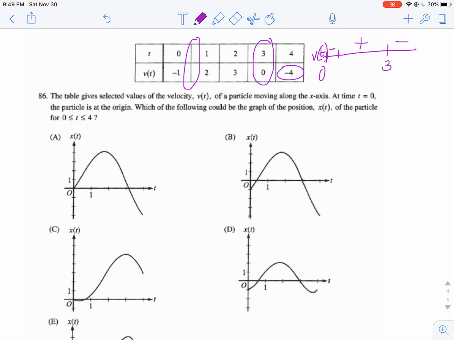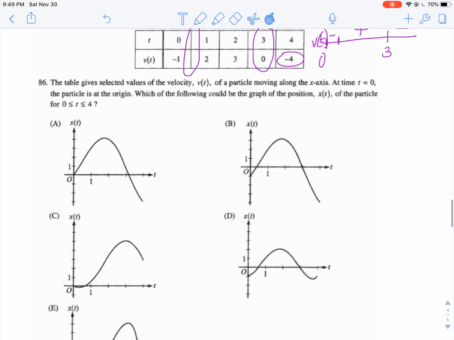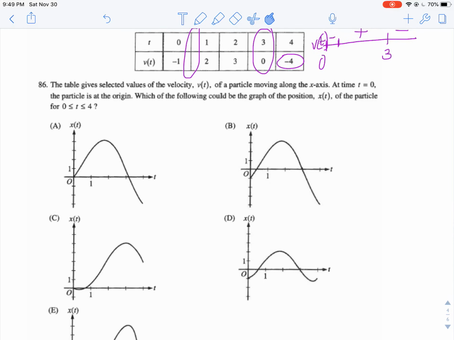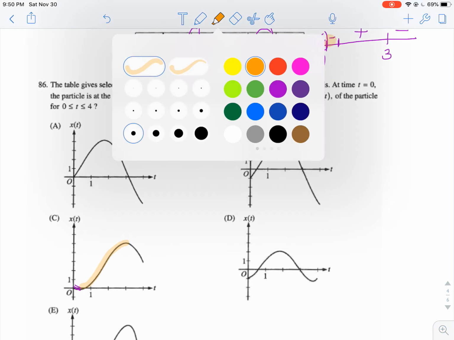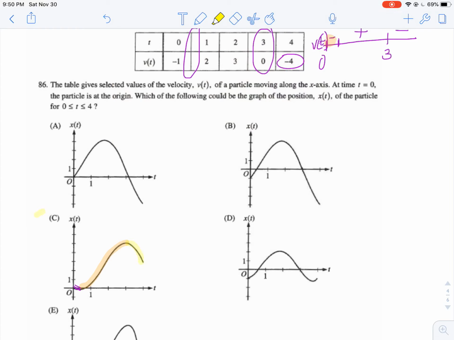So if we look at choice C, that kind of has that little negative portion right here, decreasing. It's decreasing a little bit right there. Then it's increasing up until 3. And then after 3, it's decreasing again. So that's our answer.